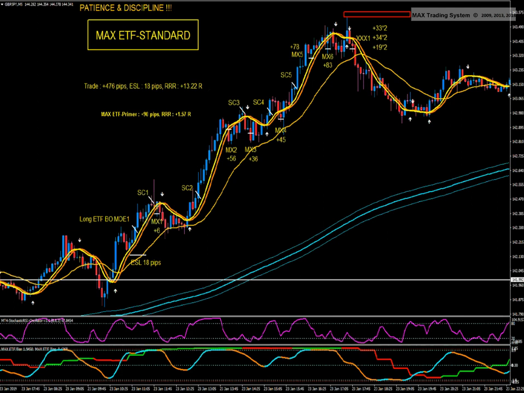With a risk of 2%, this represents a profit of 26% on the trading account, to be compared with the 1.57 R of the MAX primer. And so this shows the power of scaling in and scaling out along the trade.